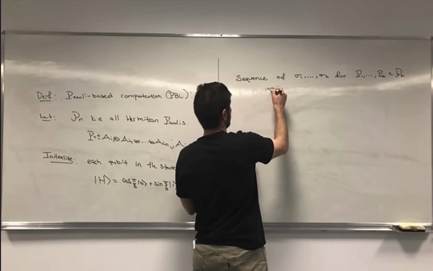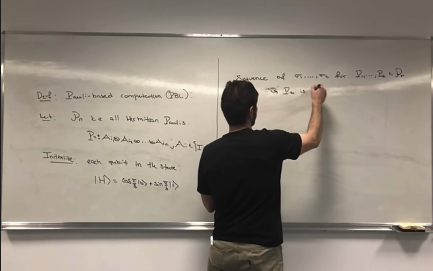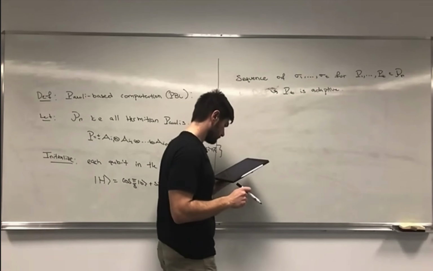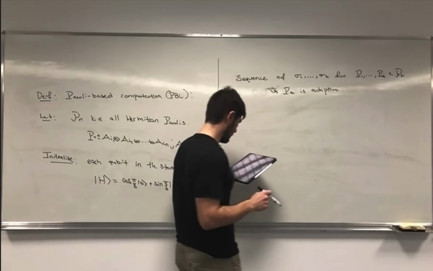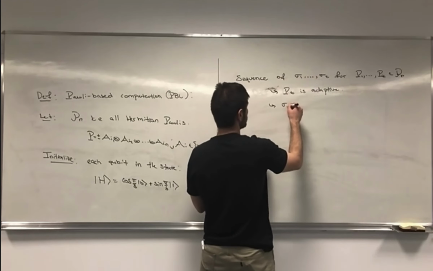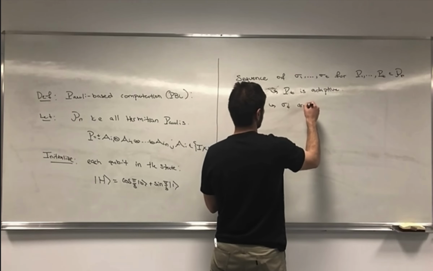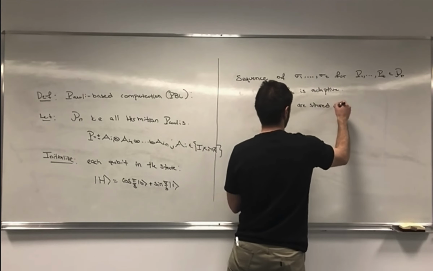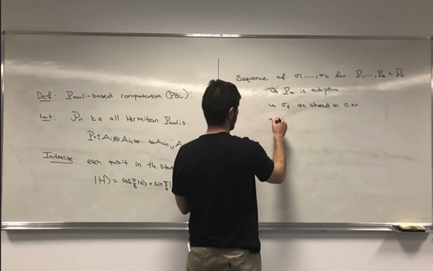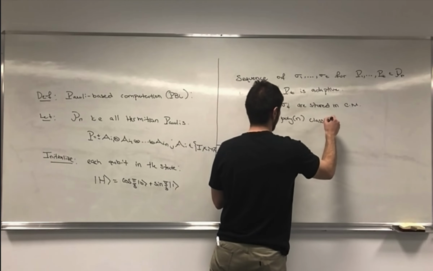This, by the way, a couple of things: the choice of P_t is adaptive. And we also allow these eigenvalues, the outcomes of the measurements, sigma_t, to be stored in classical memory. And also we allow Pauli and classical processing.